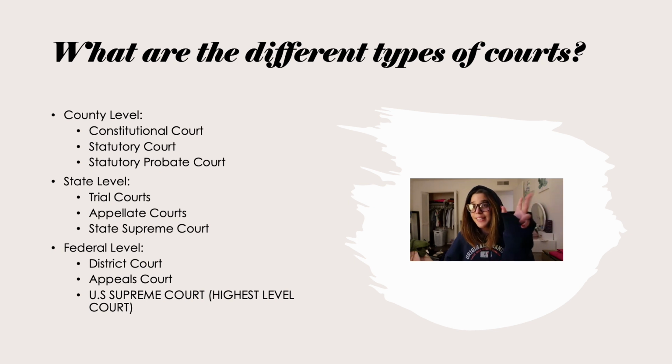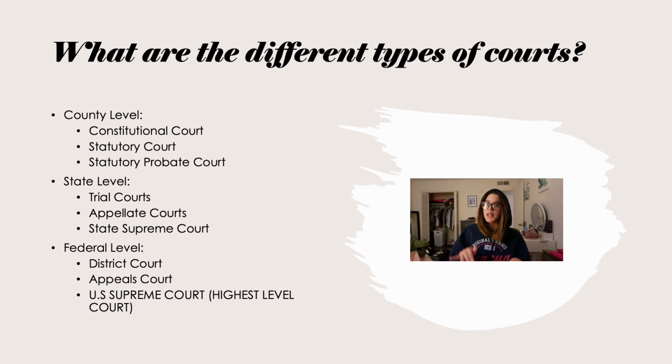Now, let's get into the actual information that we want to learn about today. So, what are the different types of courts? What umbrellas do they fall underneath? We have our county level, our state level, and our federal level. The county bubble has our constitutional court, our statutory court, and our statutory probate court. The state bubble has our trial court, appellate court, and state supreme court.